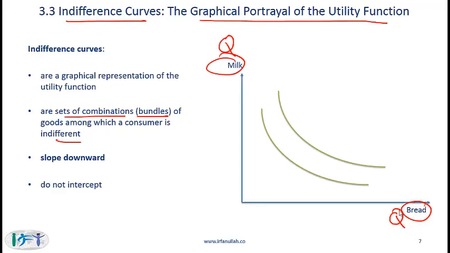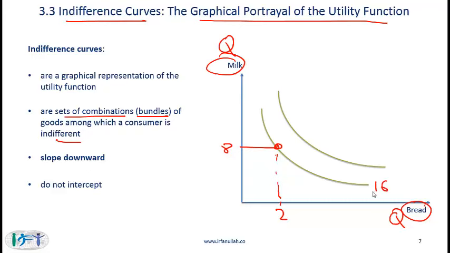If we say that we have a bundle which consists of, let's say, 8 ounces of milk and 2 slices of bread, the utility here is 8 times 2, which is 16. So this indifference curve represents a utility or a level of happiness equal to 16 utils.